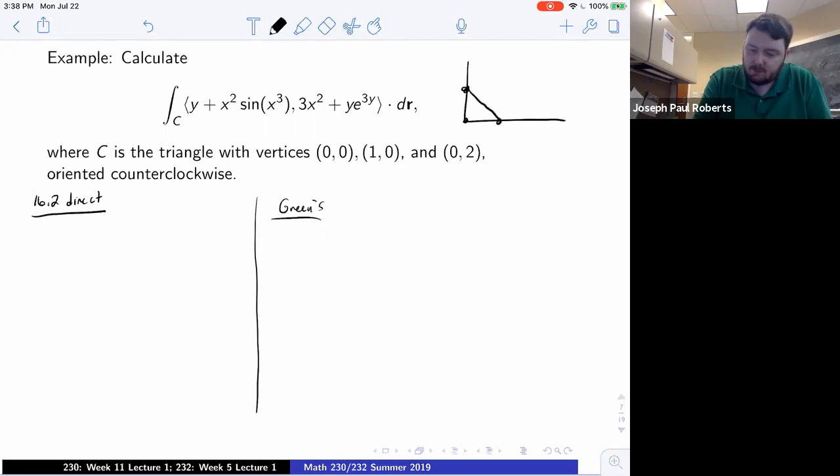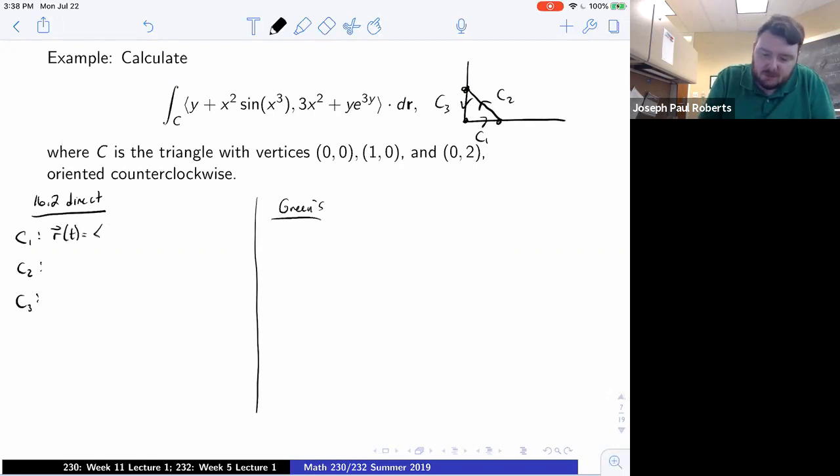you'd have to split this curve up into C1, C2, C3, or 1, 2, 3, whatever you want to call it. You'd have to do three different parameterizations. So C1, you could parameterize by t comma 0 for t between 0 and 1.